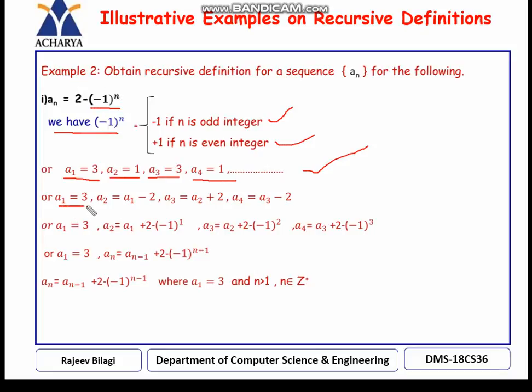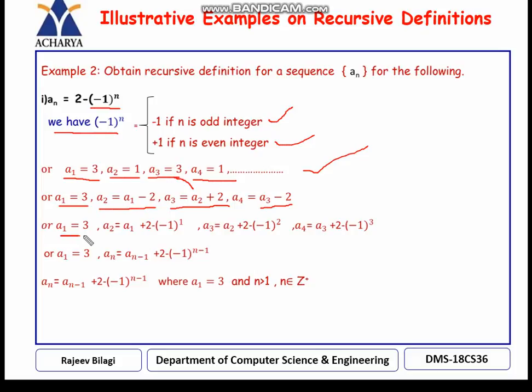Now a1 is equal to 3. I can write a2 as a1 minus 2, that is 3 minus 2, which gives 1. Again I am getting 3, so I can write a3 is equal to a2 plus 2. Then a4 is again a3 minus 2, which gives a4 as 1.